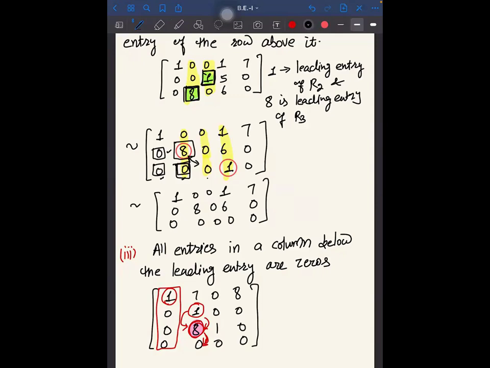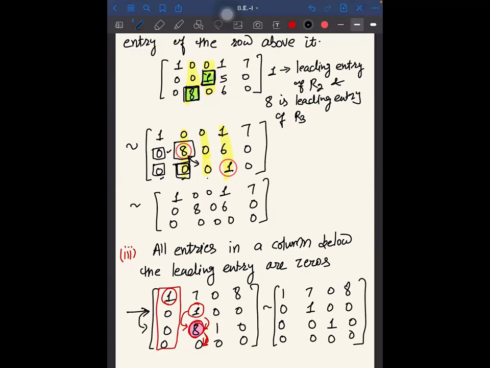आसान है ना, तुम सीधा रो ऑपरेशन लगाओ, you just multiply it by 8 and then subtract it. Of course, you will get zeros over here, isn't it? Let me finish this one. You multiply row 2 by 8 and subtract it from row 3. So what do you get? Now this is in the echelon form, right?